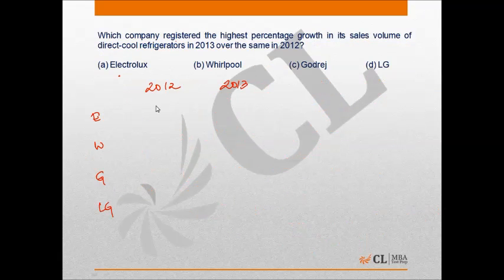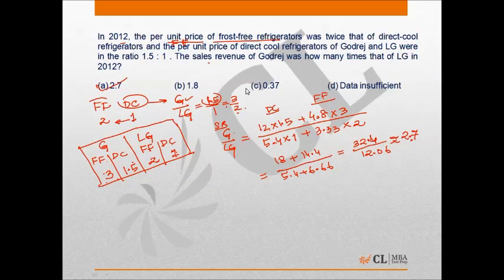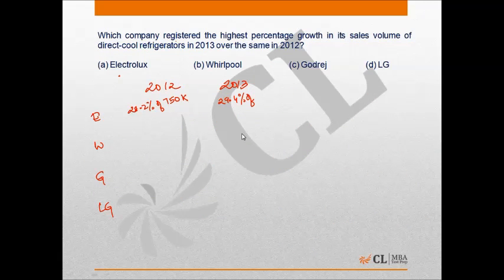So this is 28.2% of 750,000, and this is 29.4% of 1.1 of 750,000.